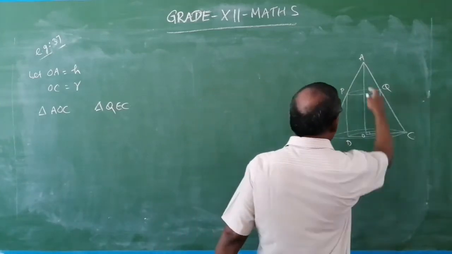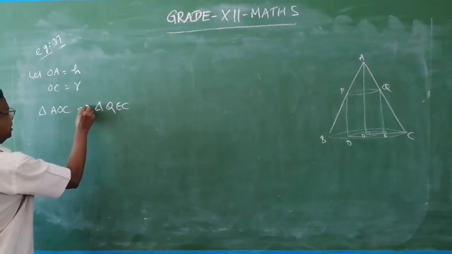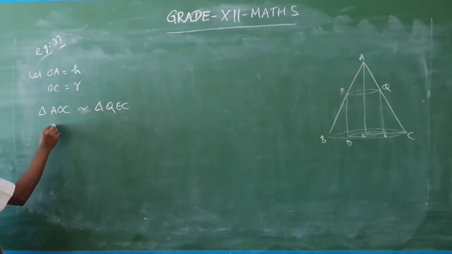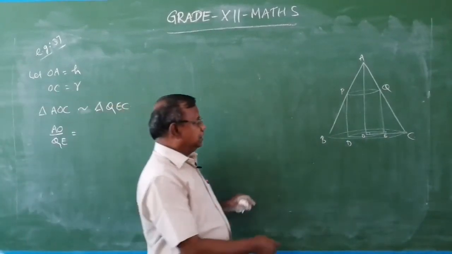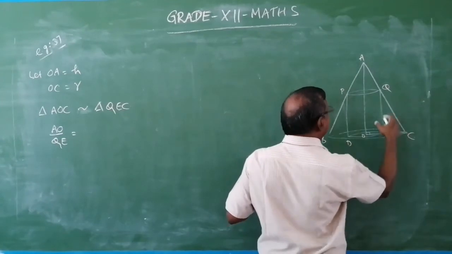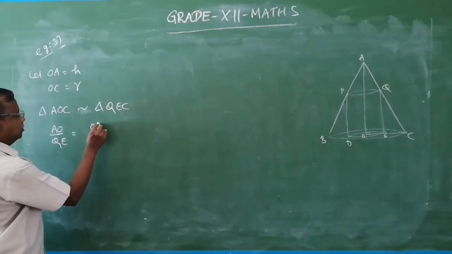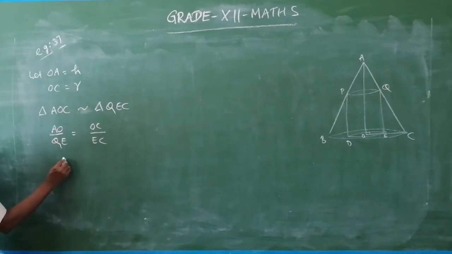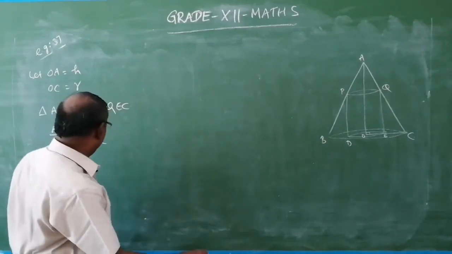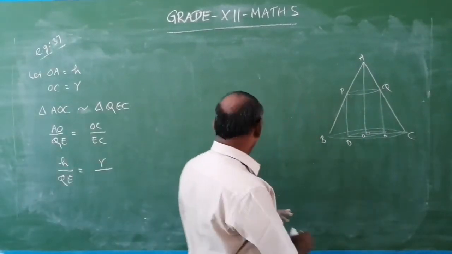So, accordingly AO by QE equal to OC by EC, since these are similar triangles. AO equal to H and QE we have to find. So, OC is nothing but R and EC is OC minus OE.